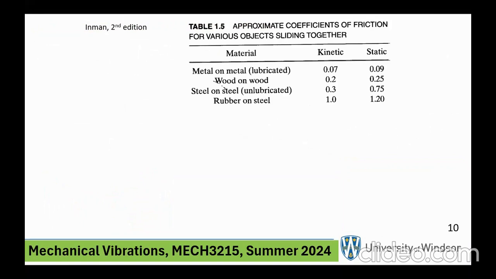This is coming from Inman's book. Metal to metal lubricated, the kinetic coefficient is 0.07, static is 0.09. It's always the case that the kinetic is smaller than the static. For steel on steel, metal on metal, unlubricated, it's a lot higher, 0.3 versus 0.75. And of course, there's wood here and rubber on steel. It's going to be a lot of friction, and it's going to be 1 and 1.2 for that situation.